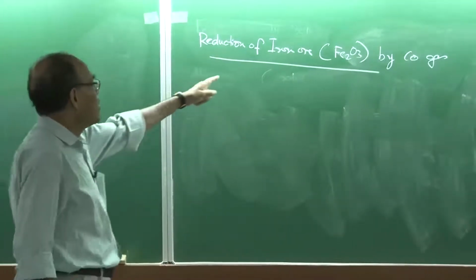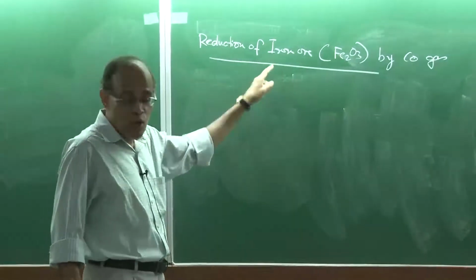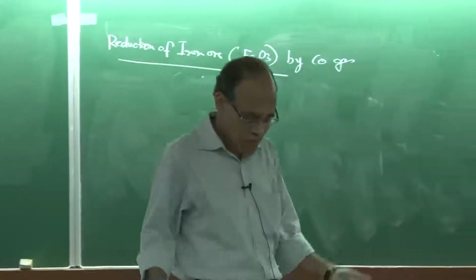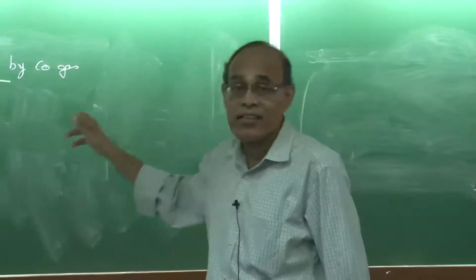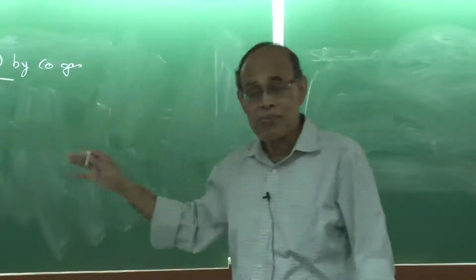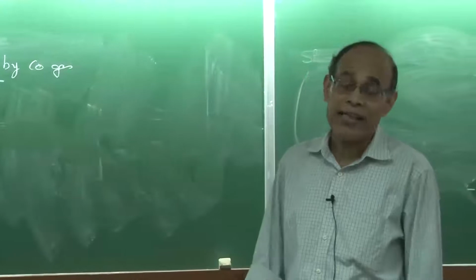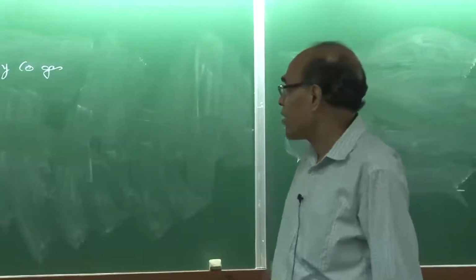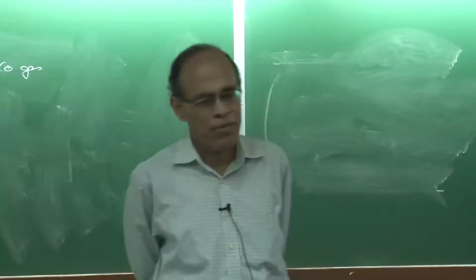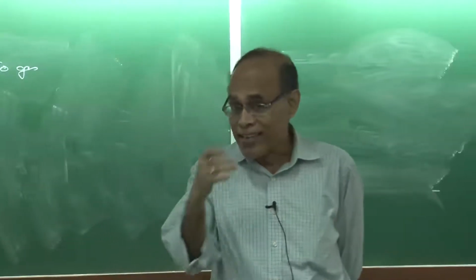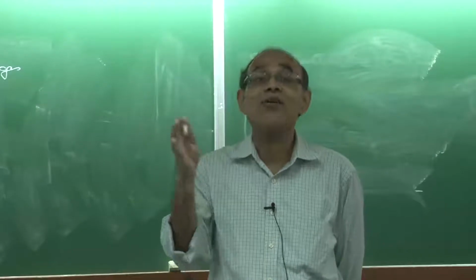This is of enormous practical significance, because if you want to understand the reduction of iron ore in the blast furnace, this reaction kinetics, the mechanisms of how the reaction is actually proceeding, needs to be studied. And also the rate at which iron oxide is getting reduced in the blast furnace is very important, because that rate of iron oxide reduction will determine the rate of productivity.